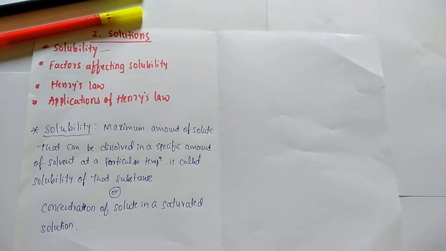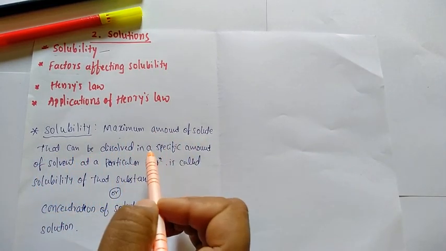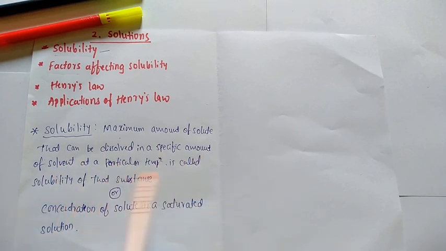So solubility means the maximum amount of solute that can be dissolved in a specific amount of solvent at a particular temperature is called the solubility of that substance, or the concentration of solute in a saturated solution.